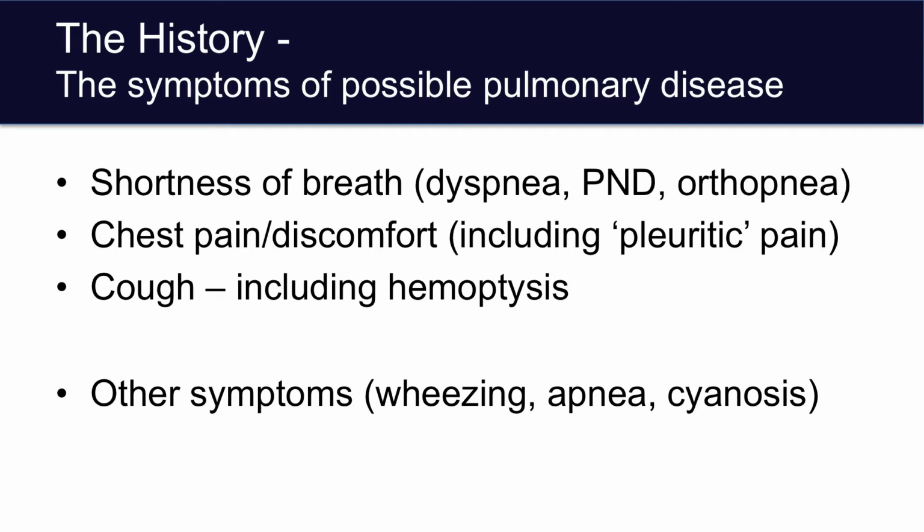Chest pain or discomfort in the chest with respect to pulmonary problems can occur anywhere in the thorax, even the posterior or lateral areas. As with any other pain that we are working up, we try to ascertain the 7 essential parameters of pain. One special type of pain in the chest or thorax is called pleuritic pain.